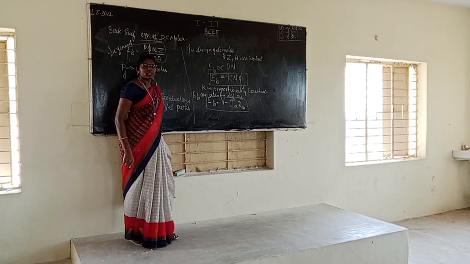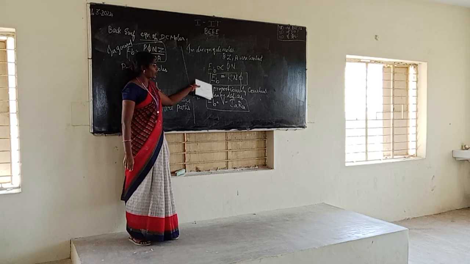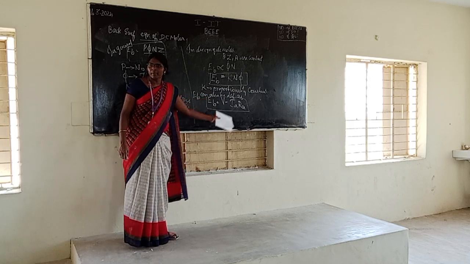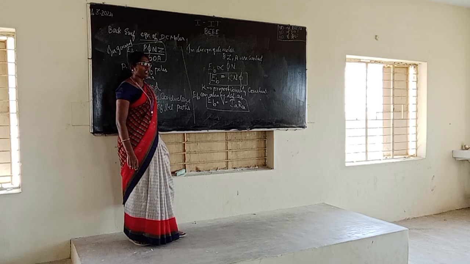For all this, you have to make a box, because this is the EMF equation description in general form, as well as what we have derived, and after that how the EMF equation can also be defined: E_B is equal to V minus I_A R_A. What is V here?